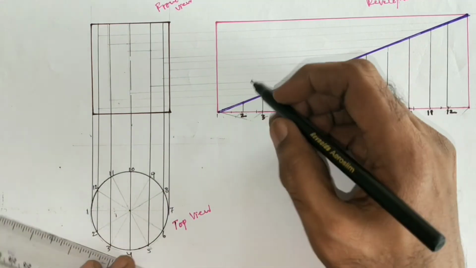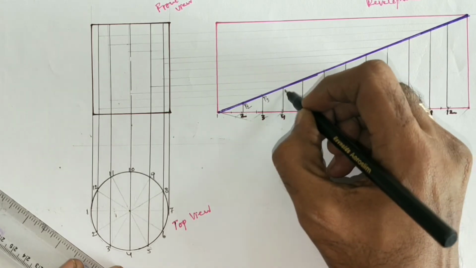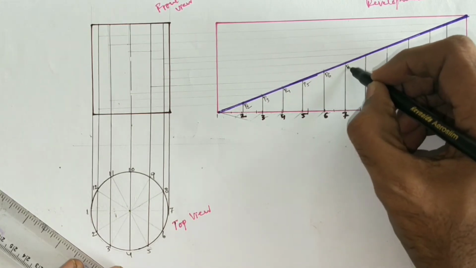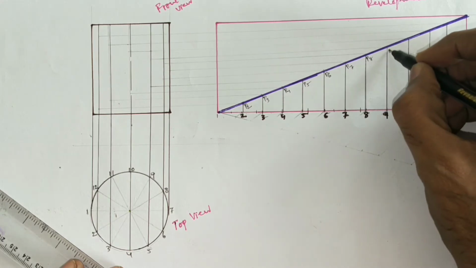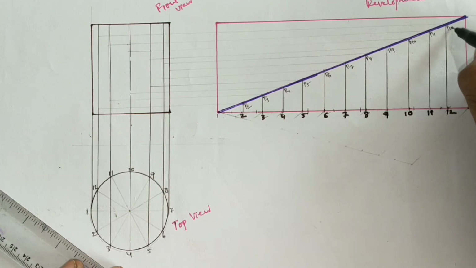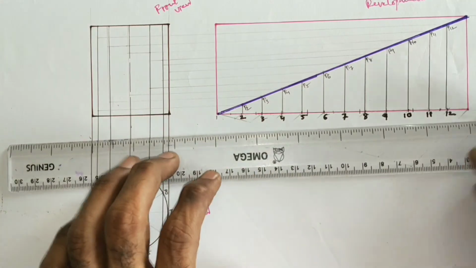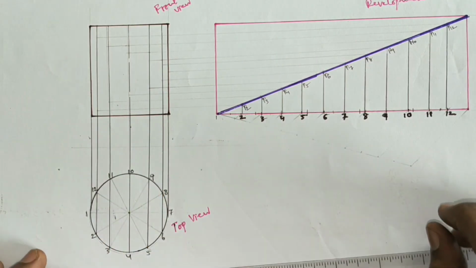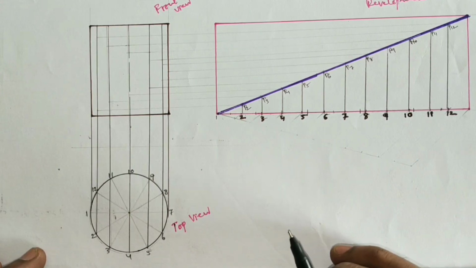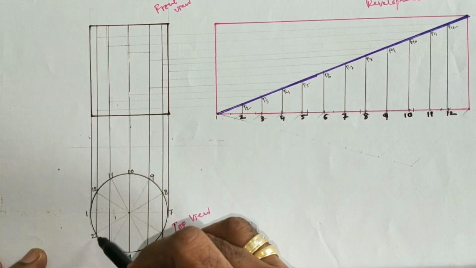Let us name the points as P2, P3, P4, P5, 6, 7, 8, 9, 10, 11 and P12. From each point on this diagonal, we have to draw the horizontal lines so that they intersect the corresponding vertical lines from the same point on the circle.